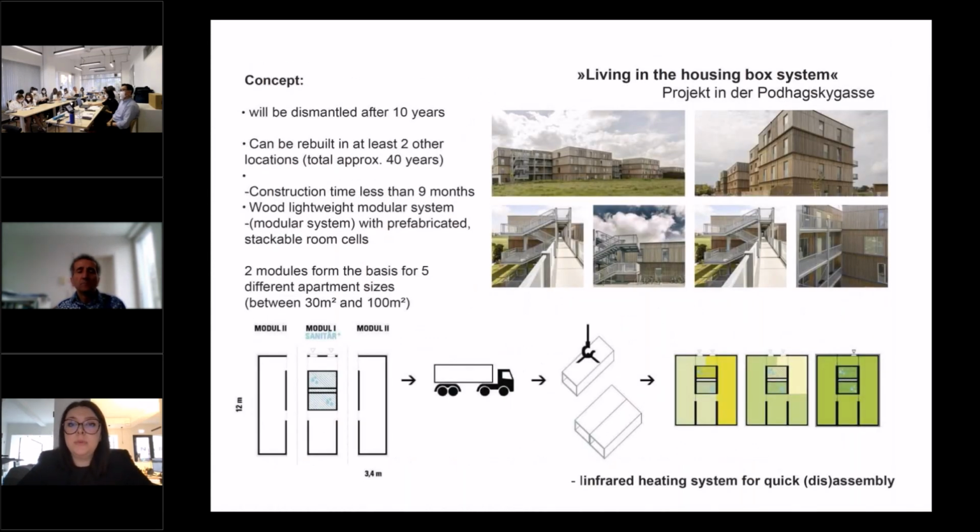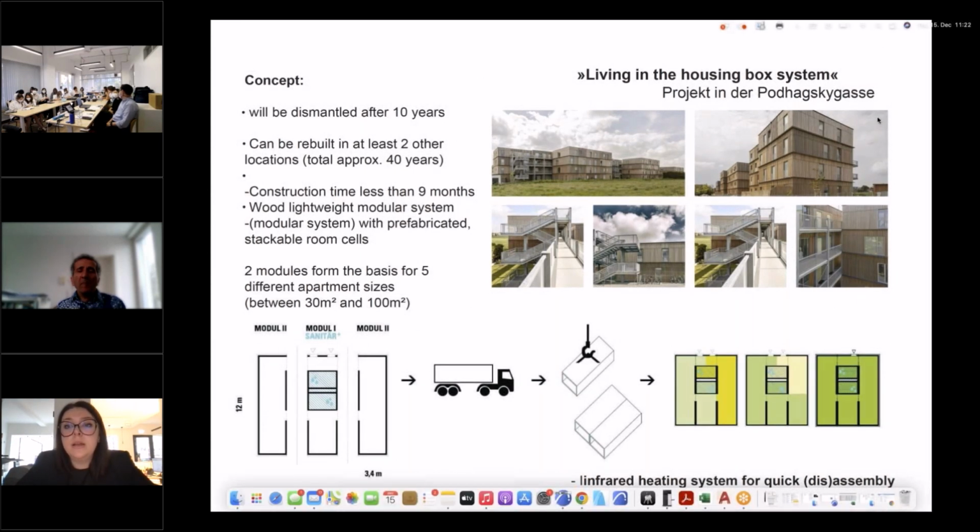This is a concept of living in the housing box system. It's a project made here in Vienna in the Podhatski-Gasse. It's thought that the building can be dismantled after 10 years, so it's also for 10 years.